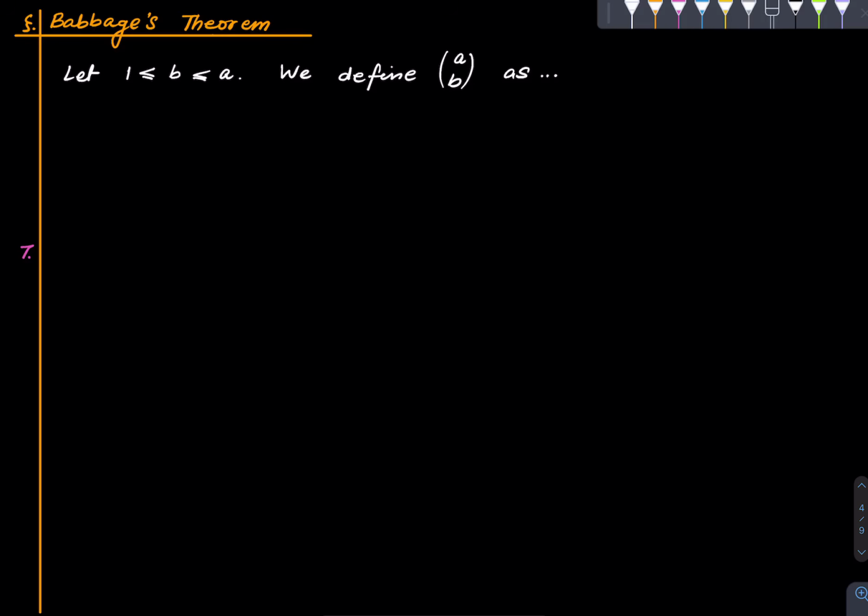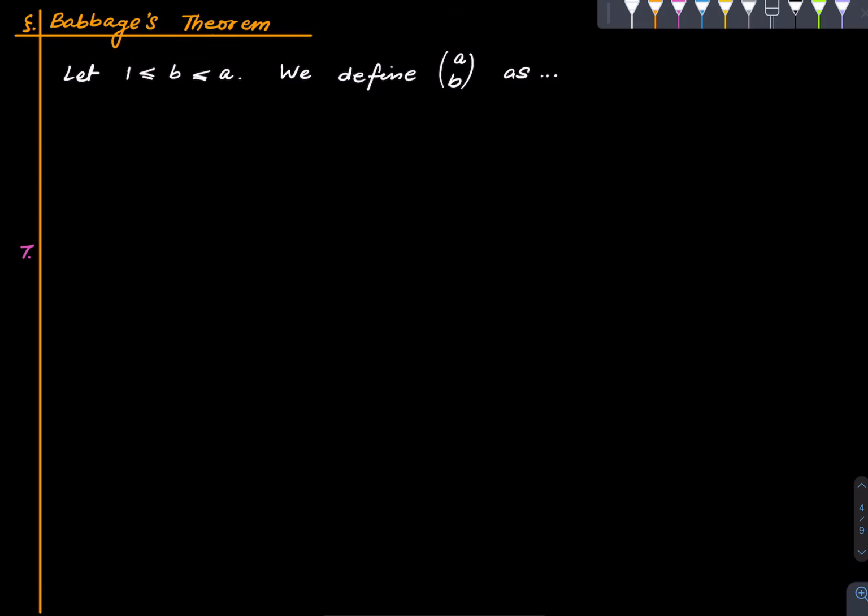First, let me state the theorem that we want to prove. It is called Babbage's theorem, and I think this is the same Babbage as Charles Babbage, who is thought of as the father of the modern computer. Suppose we are given two positive integers a and b, where b is at most a.